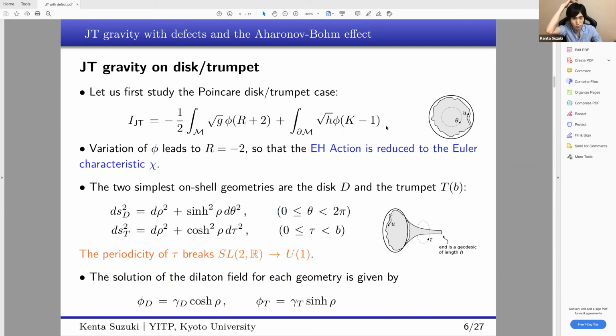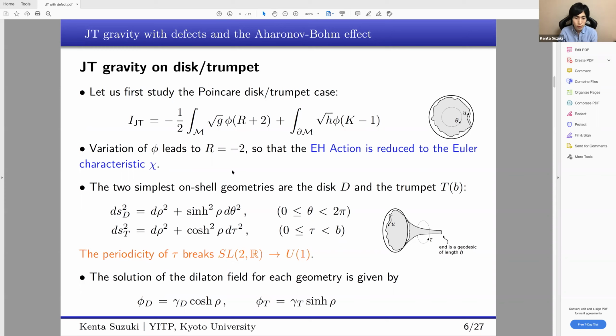Here I excluded the Einstein-Hilbert action, which just gives a topological suppression factor. And as we said before, the variation of phi leads to R equal minus 2. So the Einstein-Hilbert action is just reduced to the Euler characteristic chi.